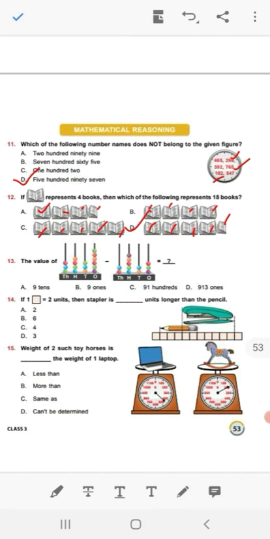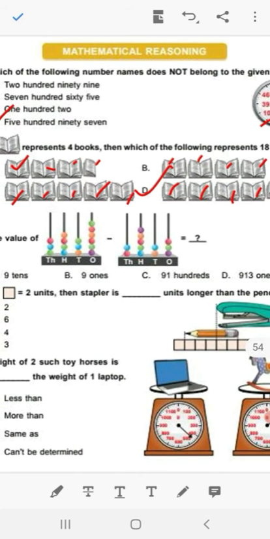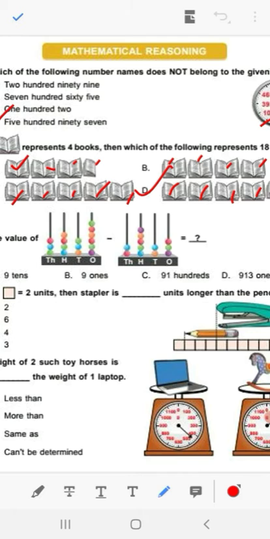Now pass to the question number 13. Find the value of this subtraction. Abacus subtraction is there. Let us first find the number in the first abacus. This is representing 3436.